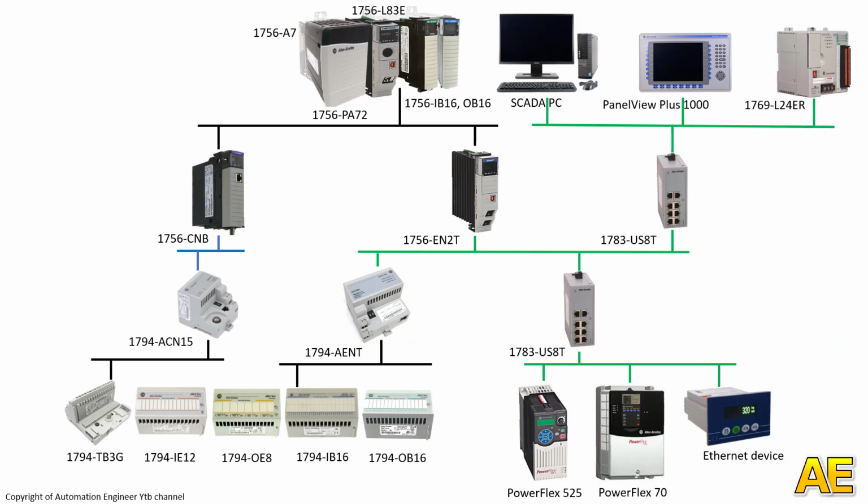And for a DCS, or a project that needs communication between two PLCs, for example between a ControlLogix 1756-L83E and a CompactLogix 1769-L24ER, we also connect the second PLC to this network via Ethernet cable and switch.